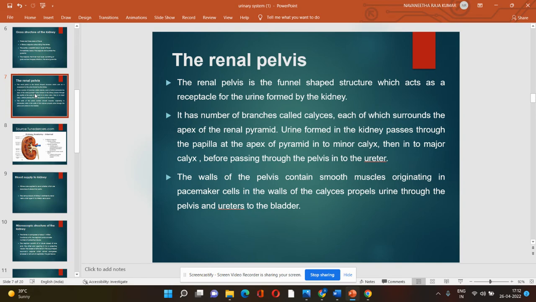Urine formed in the kidney passes via the papillae, small branches, into the minor calyces, then into the major calyces, then through the pelvis into the ureters. The walls of the pelvis are smooth muscles. They contain pacemaker cells. The pacemaker cells are found in the walls of the calyces, which propel the urine through the pelvis and to the ureters and to the bladder.